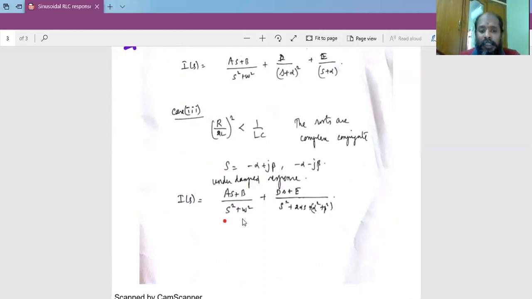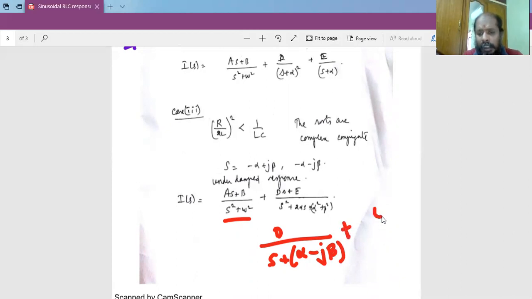So this remains as it is in all the cases, and you can have it as a separate term also, like this: d divided by s plus alpha minus j beta. This is one term, plus e divided by s plus alpha plus j beta.